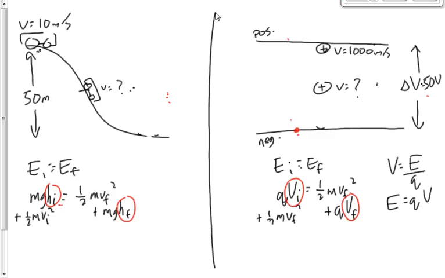It's much more difficult to picture a charged particle accelerating through a potential difference. But the good news is if you picture the car going down the hill and then just replace MGH with QV, then it's the same thing. So picture the car going down the hill. Do everything like we did on the left-hand side, and then just replace MGH with QV, because it works out to be the same thing.